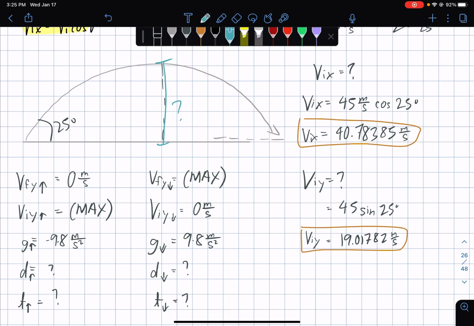But yeah, the VFY and VIY, going down and going up respectively, they are supposed to be the same value. They are at its maximum.